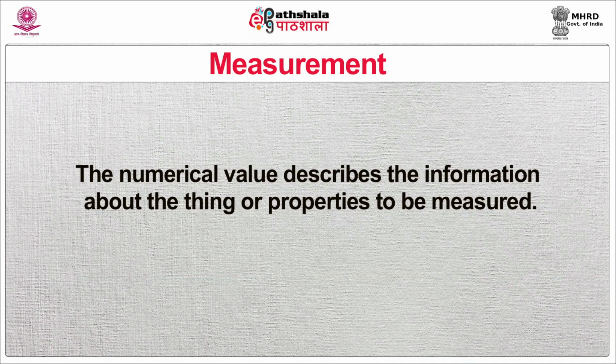The numerical value describes the information about the thing or properties to be measured. Whenever numerics are used, a researcher must have proper rules and regulations for assigning a numerical value to an observation in a way to provide an accurate description.